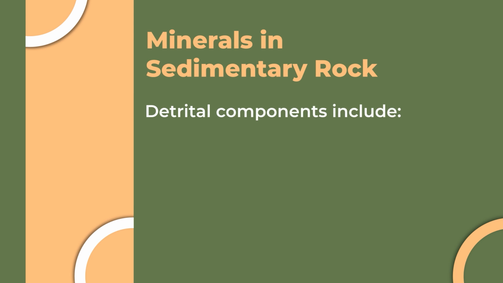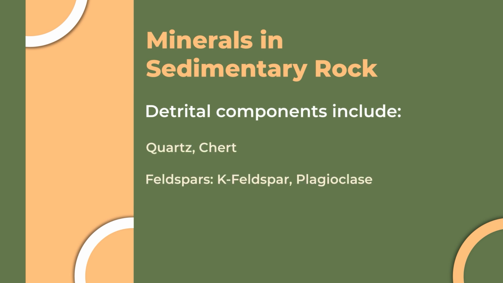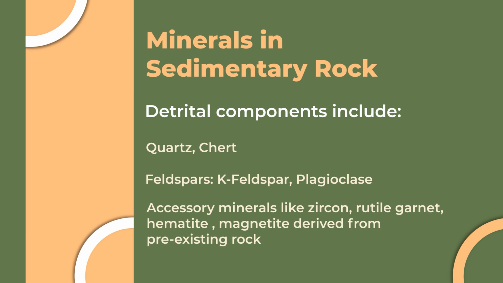Detrital components of sedimentary rock: the most important ones are quartz and chert, and feldspar, both potash feldspar and plagioclase feldspar. The accessory minerals like zircon, rutile, garnet, hematite, and magnetite are all derived from a pre-existing rock, either igneous or metamorphic.